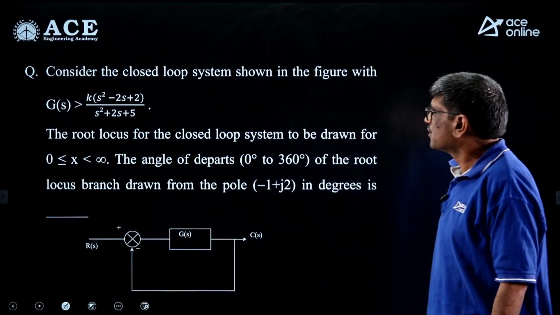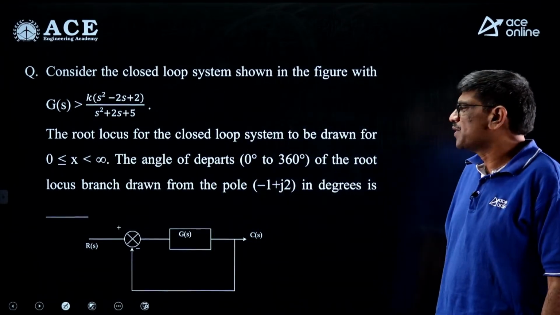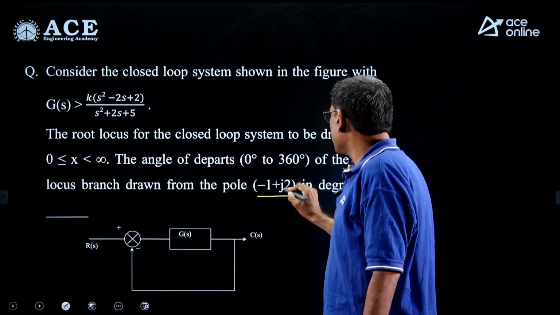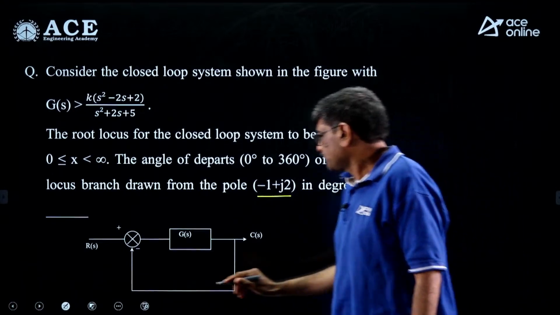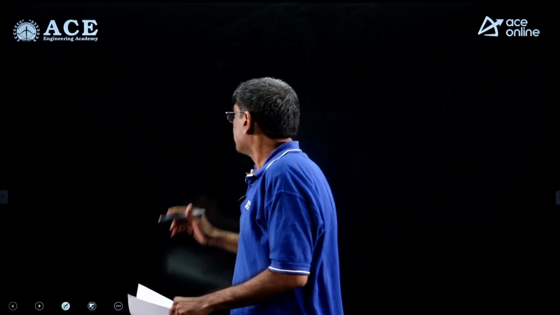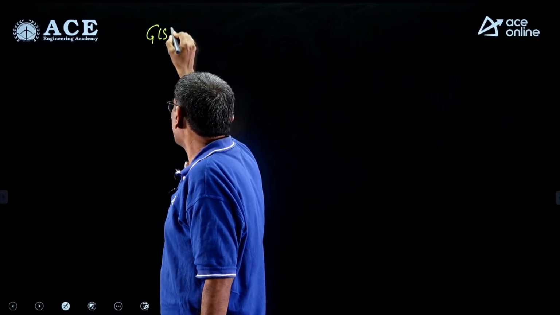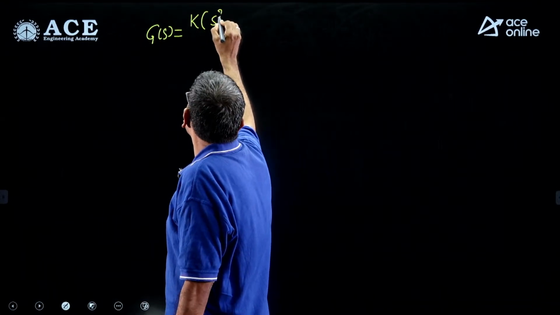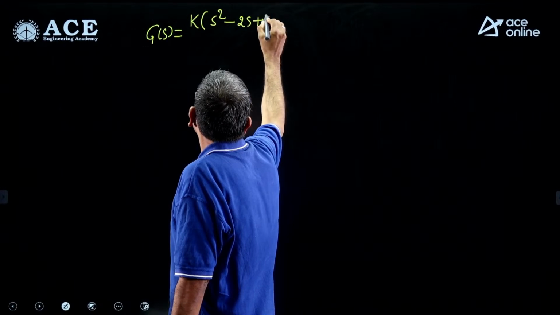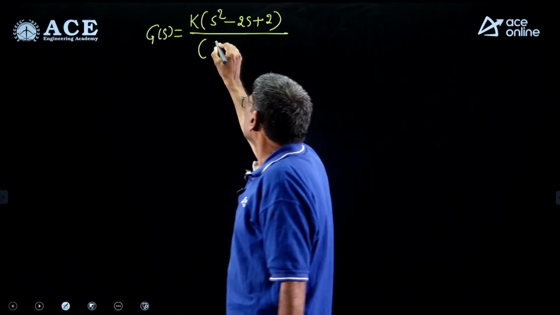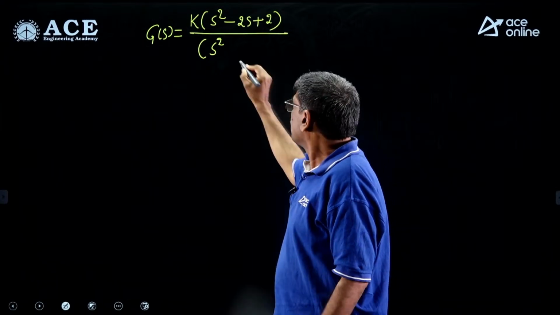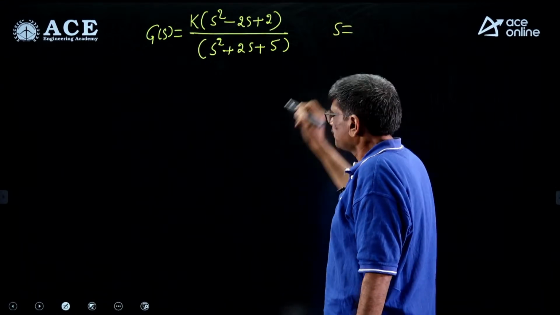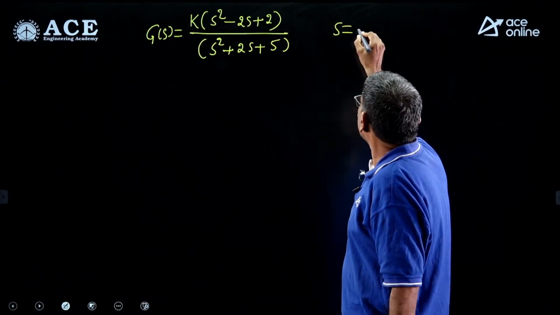Next. So this belongs to the root locus, angle of departure he asked. You need to find the angle of departure at the location of -1 plus J2. I'll write the transfer function G of S equal to K into S square minus 2S plus 2 divided by S square plus 2S plus 5 at S equal to -1 plus J2.